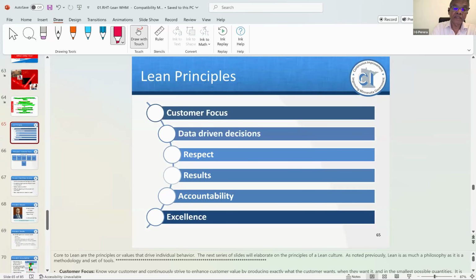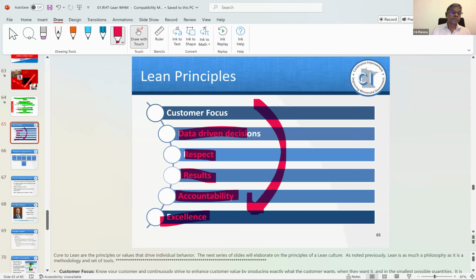Remember, respect for people is very important, and always be result focused. Not only the responsibility you get, your accountability is also there. Always you are trying to be excellent. That is continuous improvement. So these are the basic lean principles.